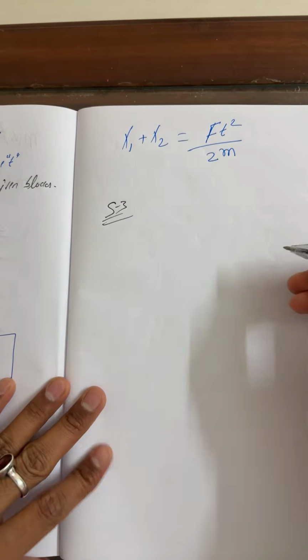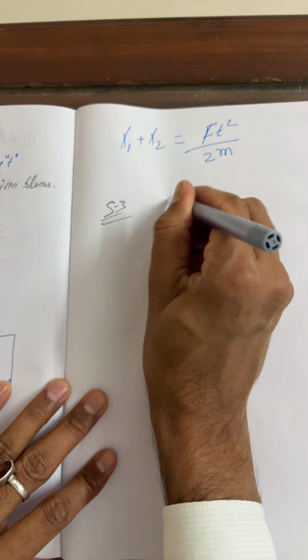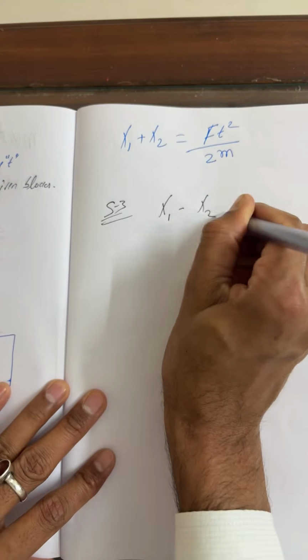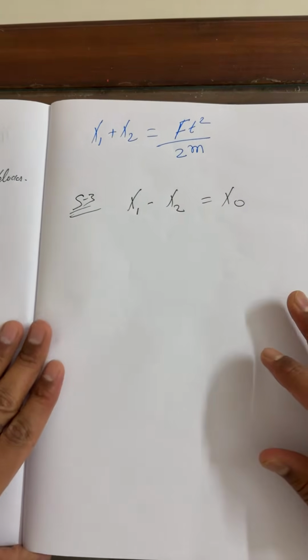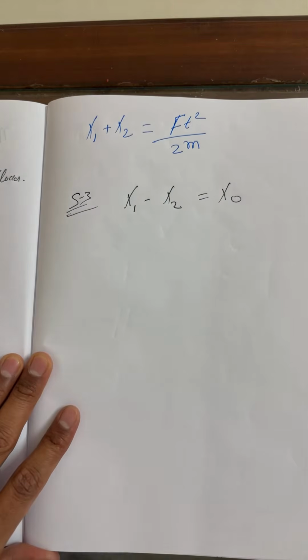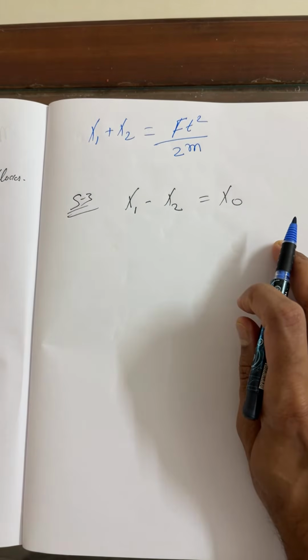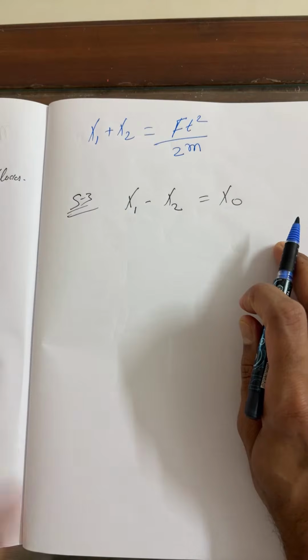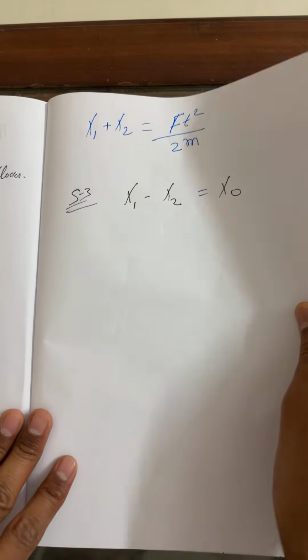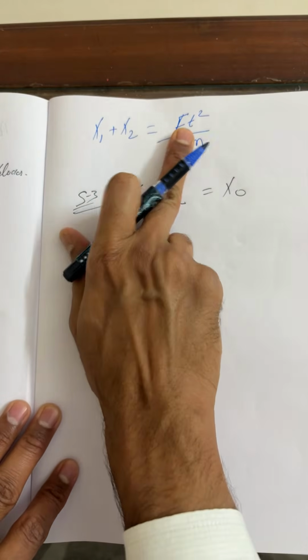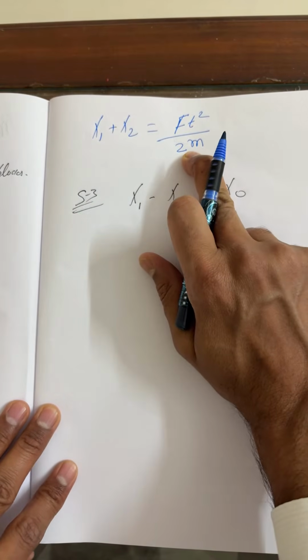So the extension x1 minus x2 is nothing but x0, because this is the extension in the spring, students. Okay, here I can write for the further things, because x1 we got here. So from the equations, x1 plus x2 is equals to F t square by 2m, right?